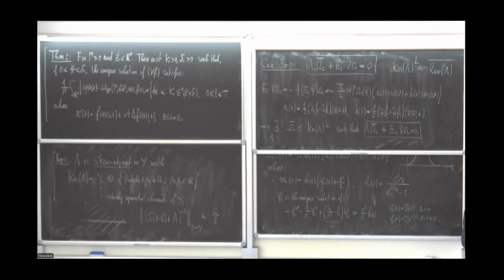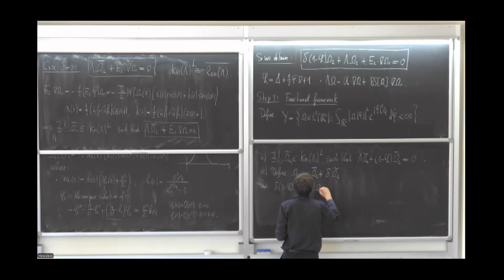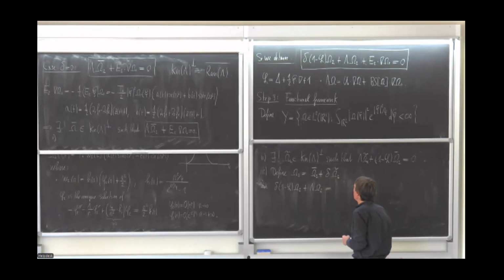And finally, you define omega 2 as being omega 2 bar plus delta omega 2 tilde. Okay? So if I plug this now into the equation, I take 1 minus delta times 1 minus L omega 2 plus lambda omega 2, it does not give exactly 0, but if you replace omega by this and you expand and use the definition of this, you see that this is delta square 1 minus L omega 2 tilde.